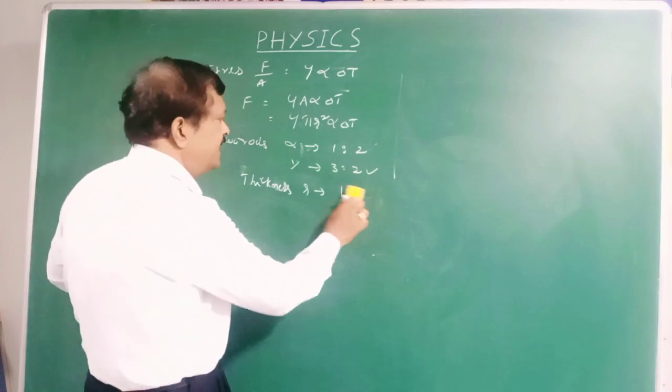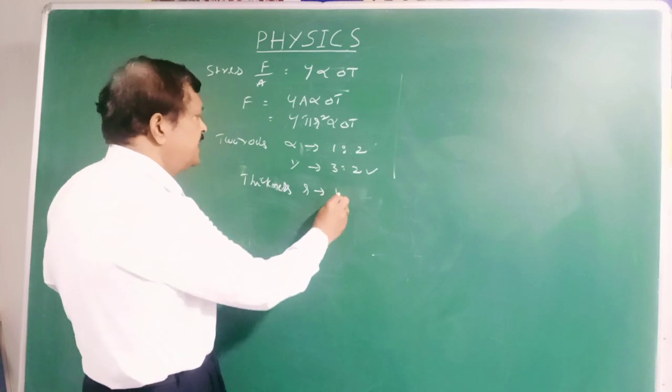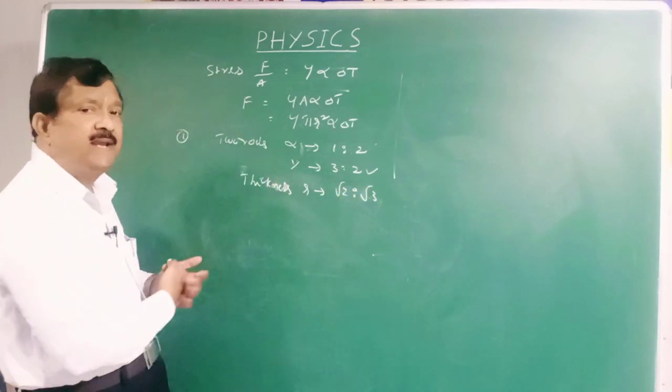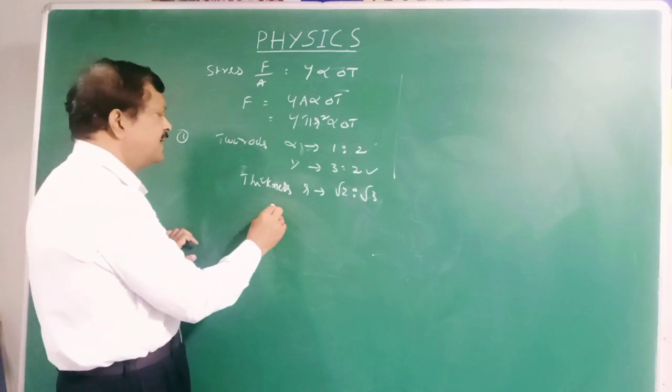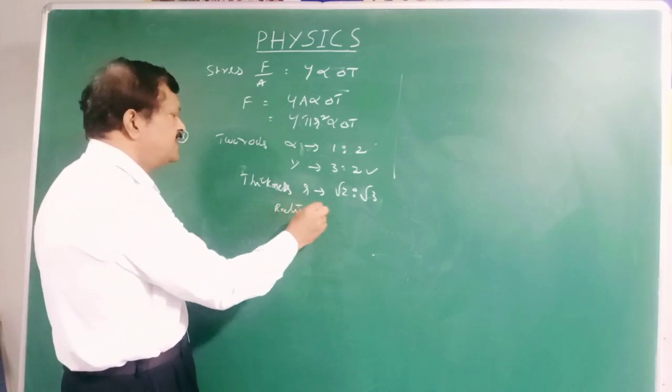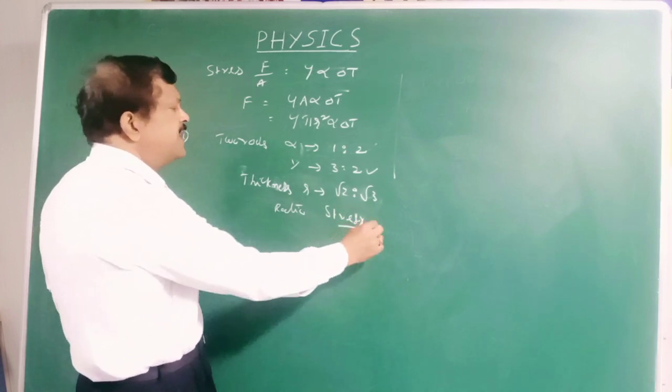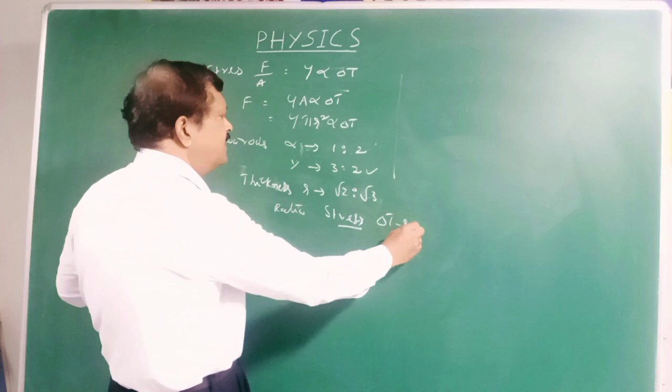Let me take a different value. The thickness is in the ratio √2:√3. I want the ratio of the thermal stress corresponding to the same change of temperature.